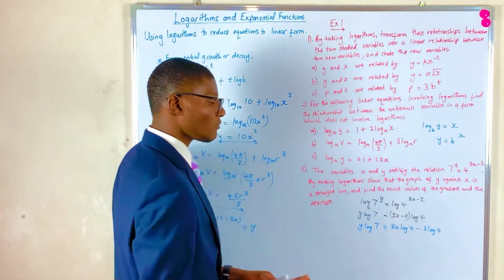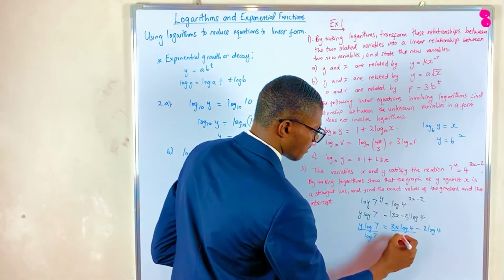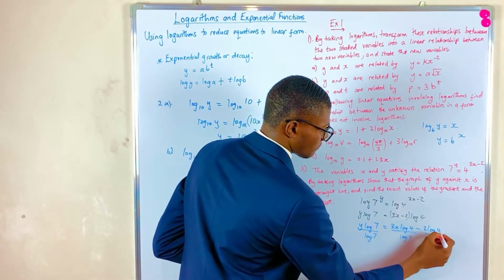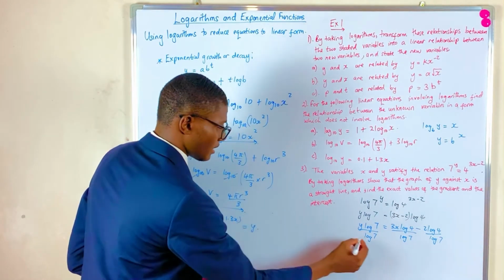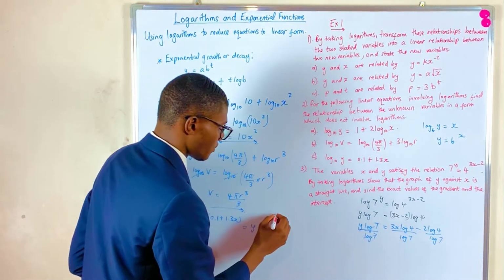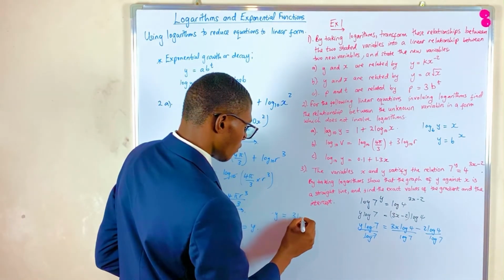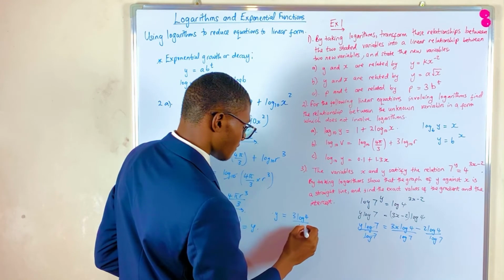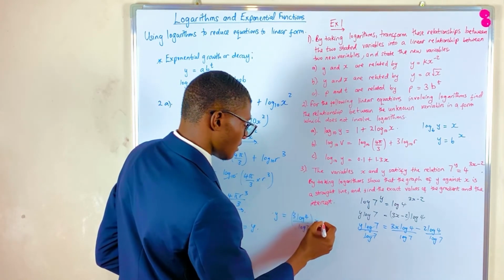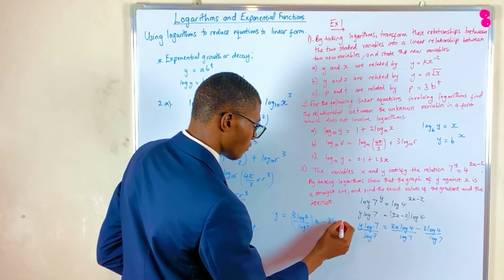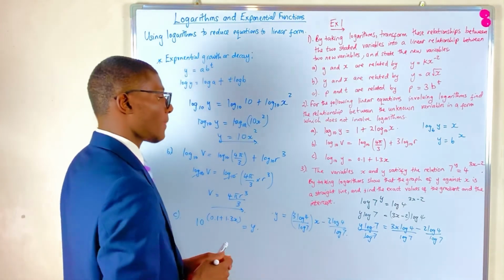Then if we divide both sides by log 7, we'll get y is equal to 3 log 4 over log 7, times x, then minus 2 log 4 over log 7, like this.